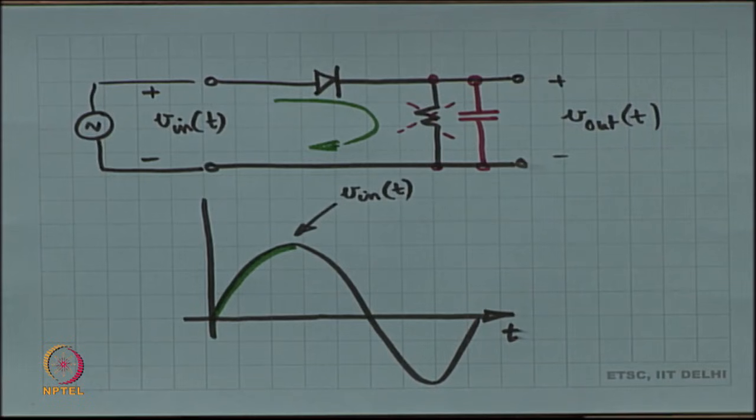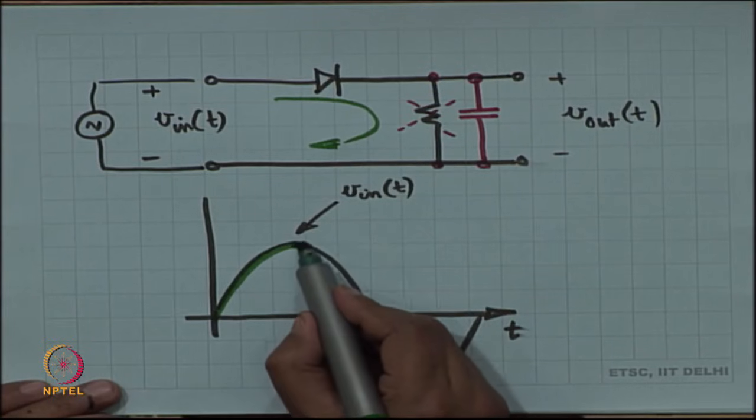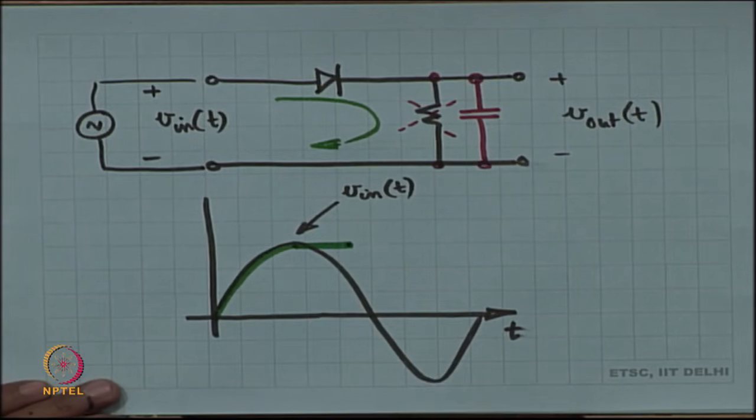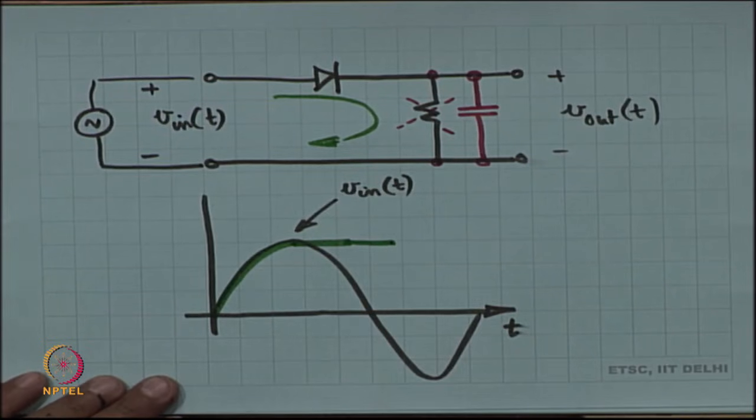So, since the current can't go backwards, this is going to continue. This voltage is going to be held for how long?